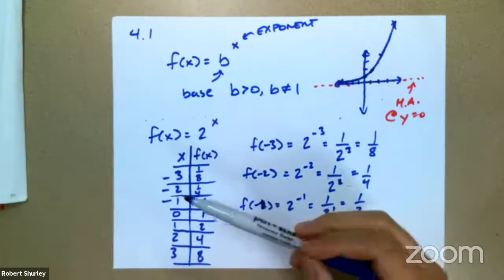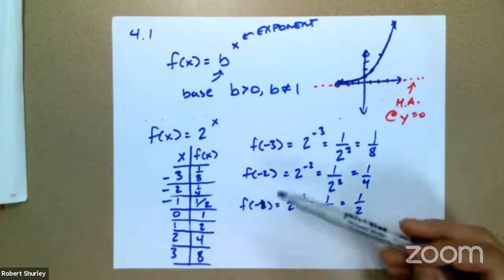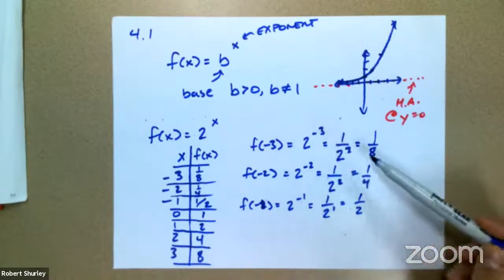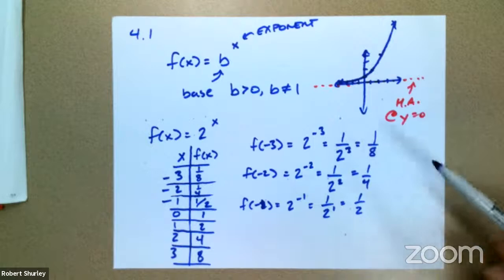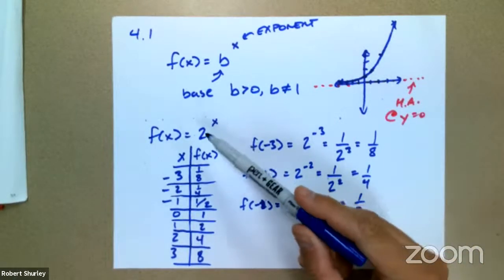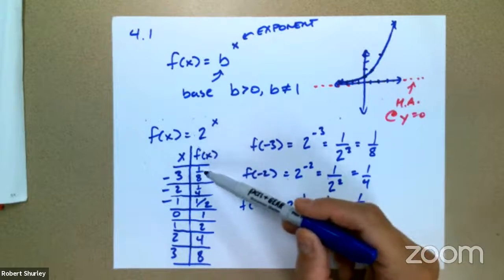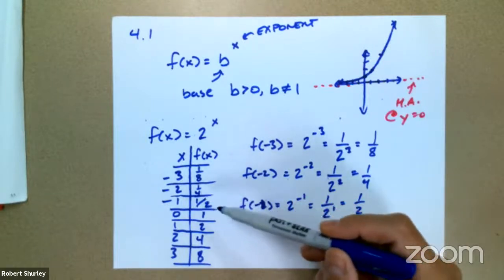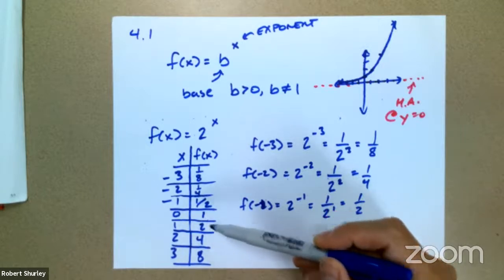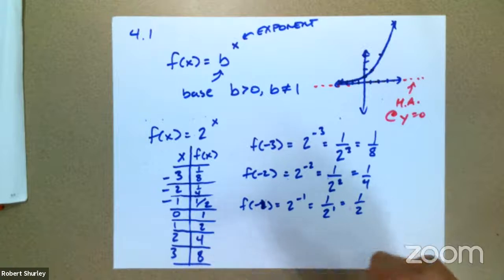What I wanted to look at really was the algebra behind this, because we're going to see that moving forward. Remembering that, hey, if we raise something to a negative power, it's positive in the denominator, stuff like that. And the graph does shoot off. And notice, all we're doing, we're going to do whatever the base is telling us to do. It's doubling each time. 2 to the negative 3 is an eighth, 2 to the negative 2 is a quarter, 2 to the negative 1 is a half, 2 to the 0 is 1, 2 to the 1 is 2, 2 squared is 4, 2 cubed is 8, right?